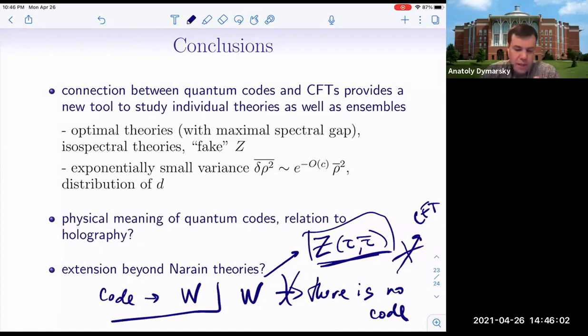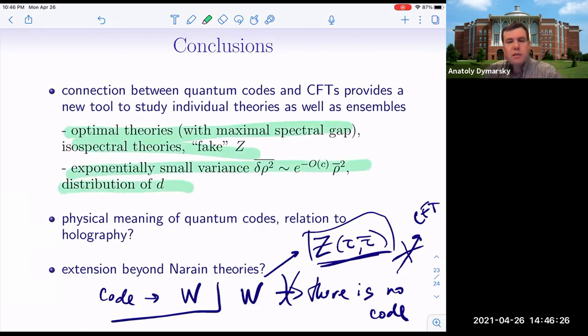Okay, so I want to end with this conclusion slide because it says that there is a part of the story which I didn't have a chance to speak about, which is that codes can be used to study special theories, but also codes can be used to study ensembles of theories.